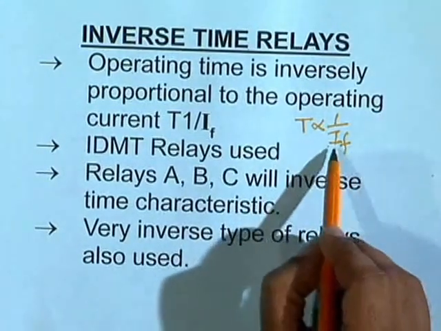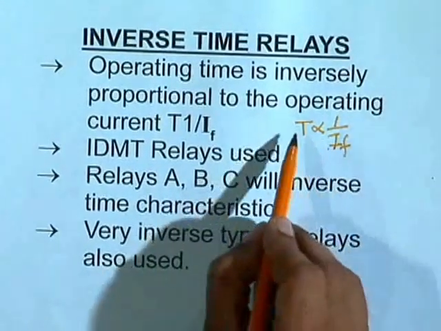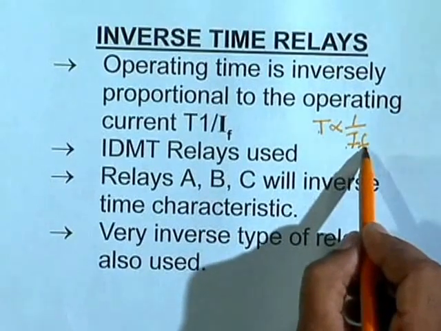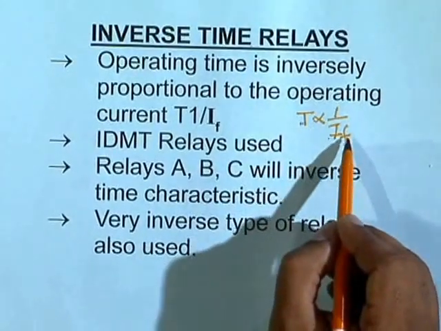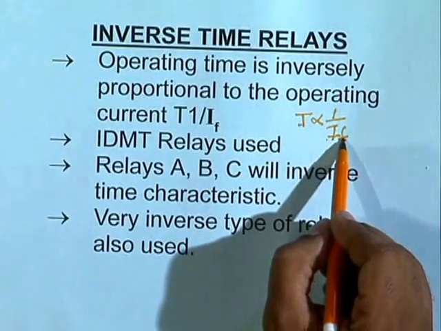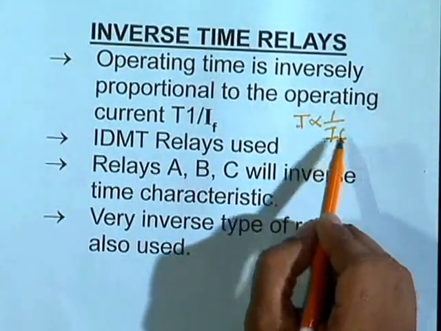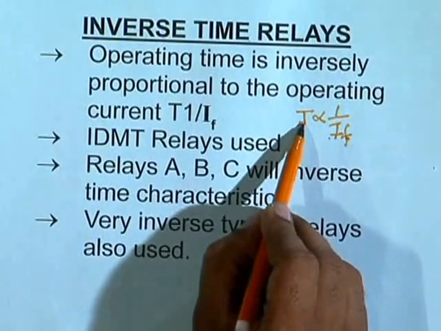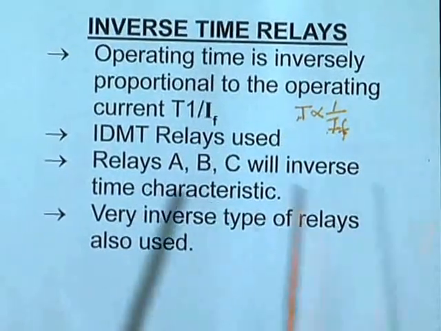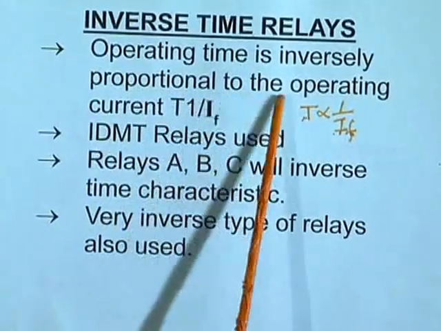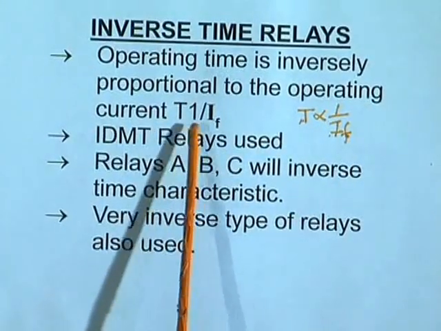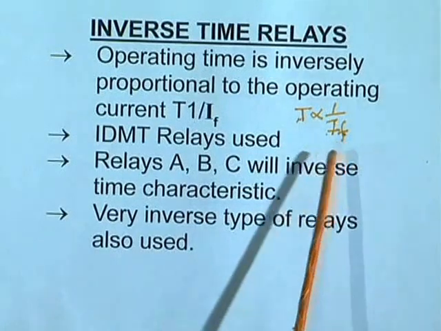When the fault occurs, this is the IF, this is the operating time. When the fault current is more, the time of operation will be less. So definitely when a short circuit or ground fault occurs, the fault current will be more than the normal current, therefore the time of operation will be very less. That is the advantage we have with inverse time relays.